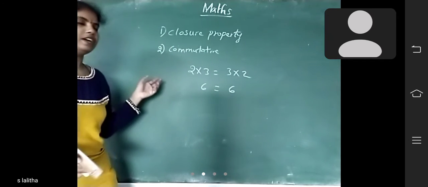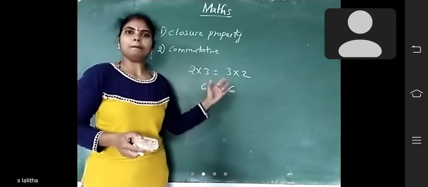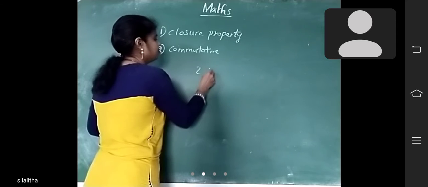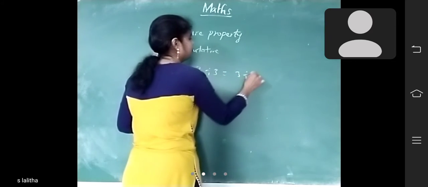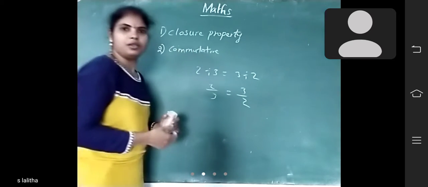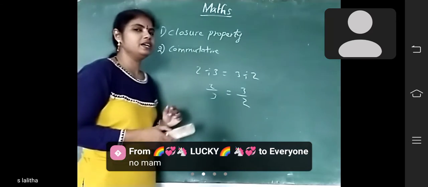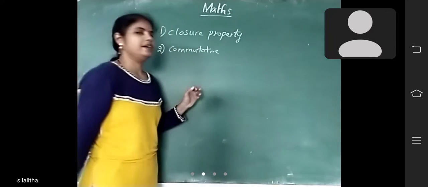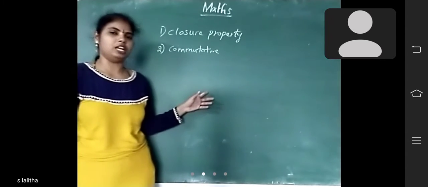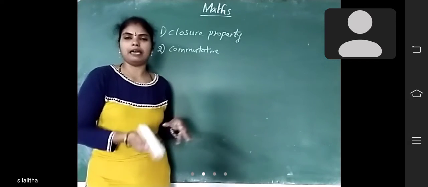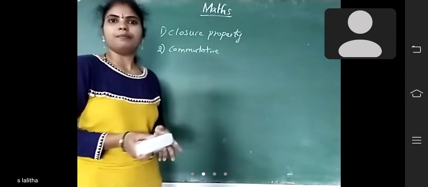So commutative property is satisfied under multiplication. Is it satisfied under division, children? No. 2 by 3, 3 by 2, both are equal? No. It is not satisfied under division. So commutative property is satisfied under addition and multiplication. Commutative property means you reverse the order and you will get the same answer.